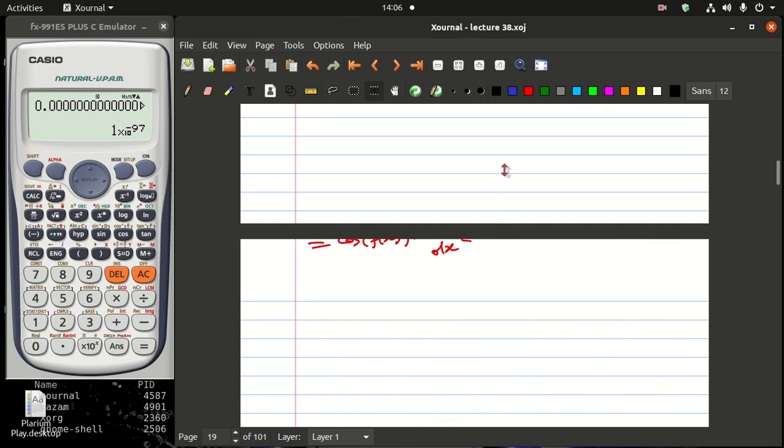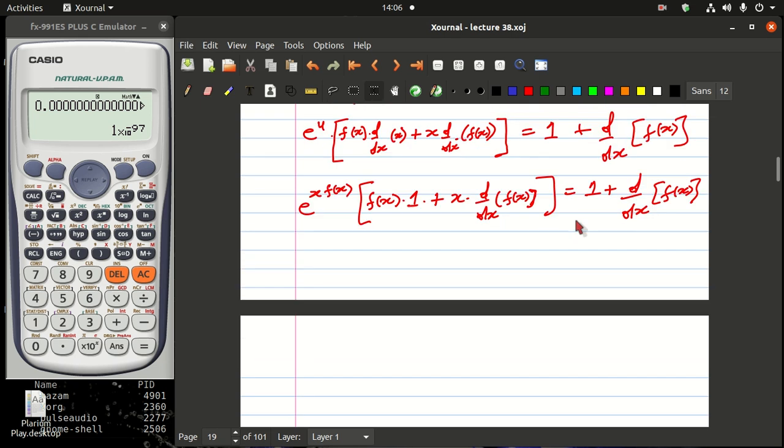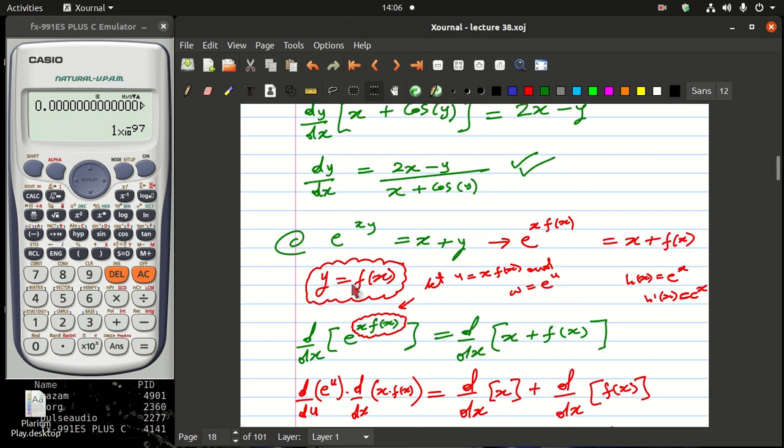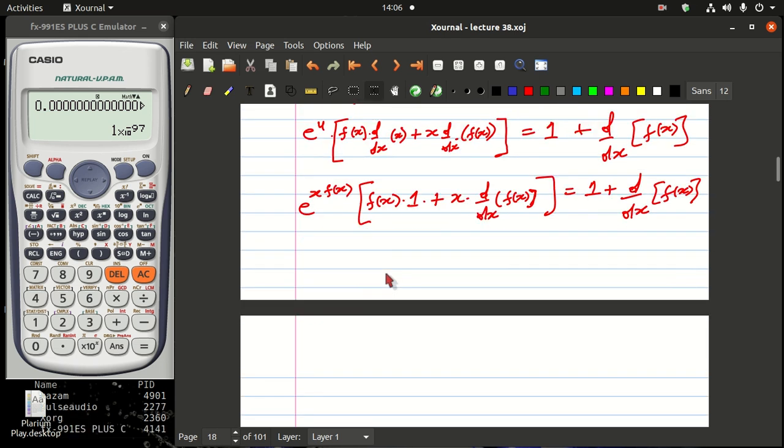I'm going to keep it there, don't want to waste time. And then here, what was my f of x? My f of x was y, so I want to have my y back, so I will end up having here e raised to x times y.